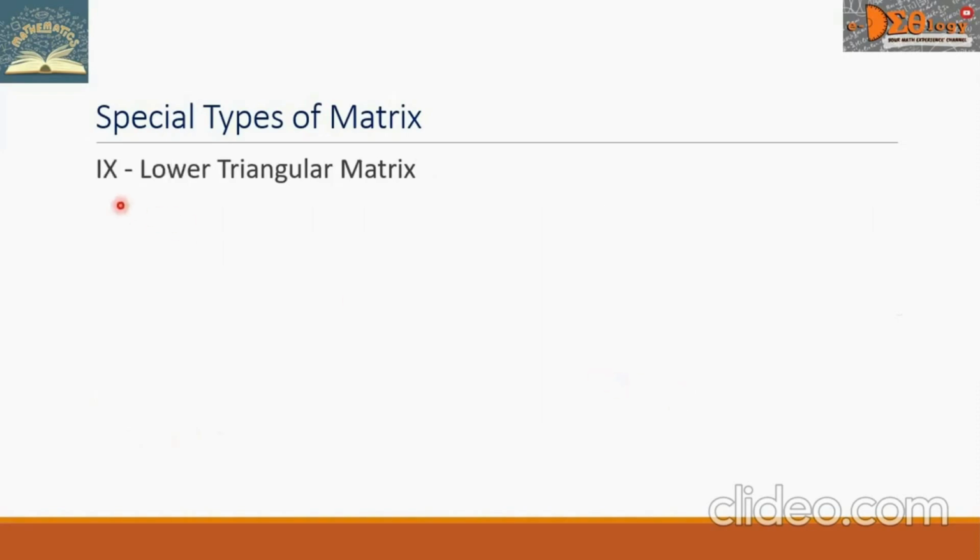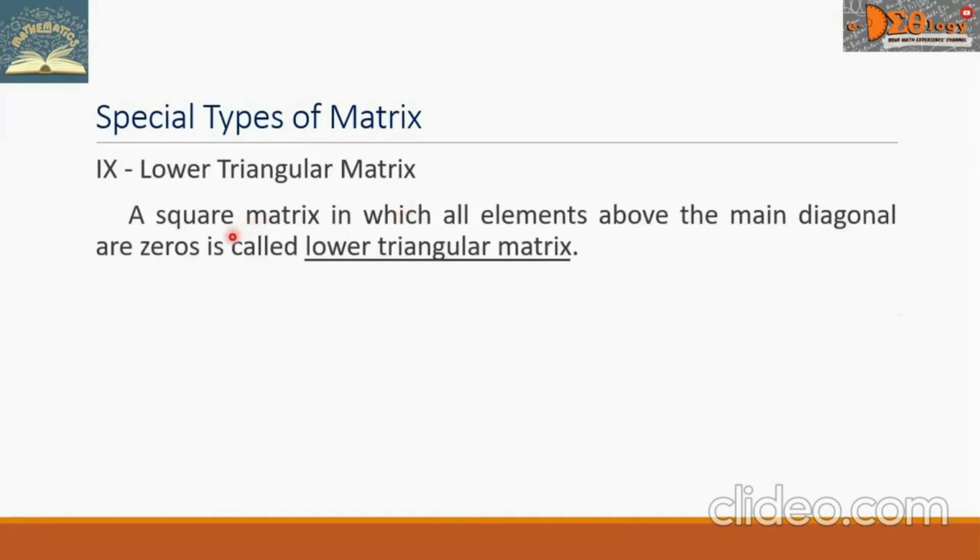Ninth type of special matrix is the lower triangular matrix. A square matrix in which all elements above the main diagonal are zeros is called a lower triangular matrix. Example, we have here 2, 0, 0, 3, 8, 0, 4, 5, 7 respectively in this matrix.